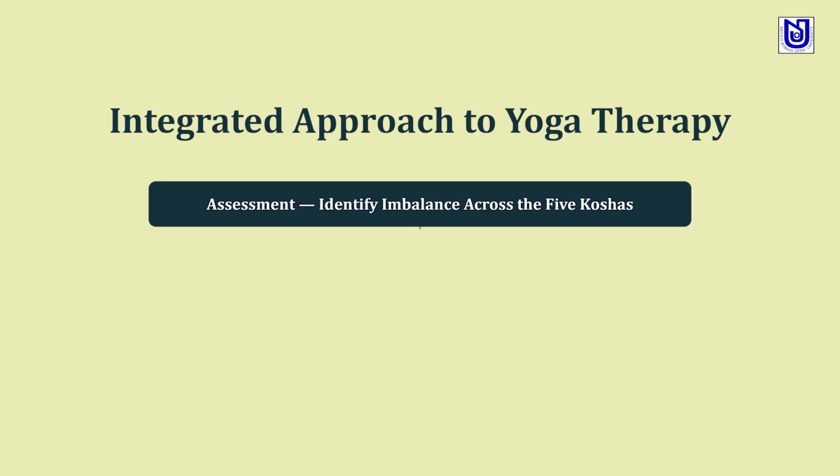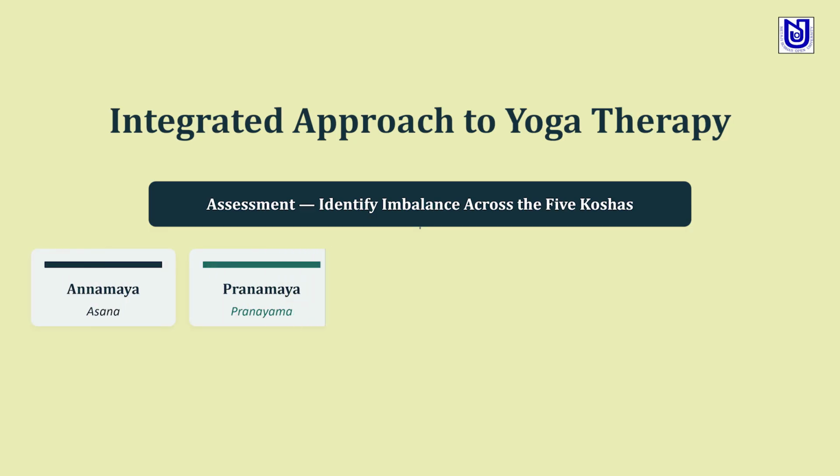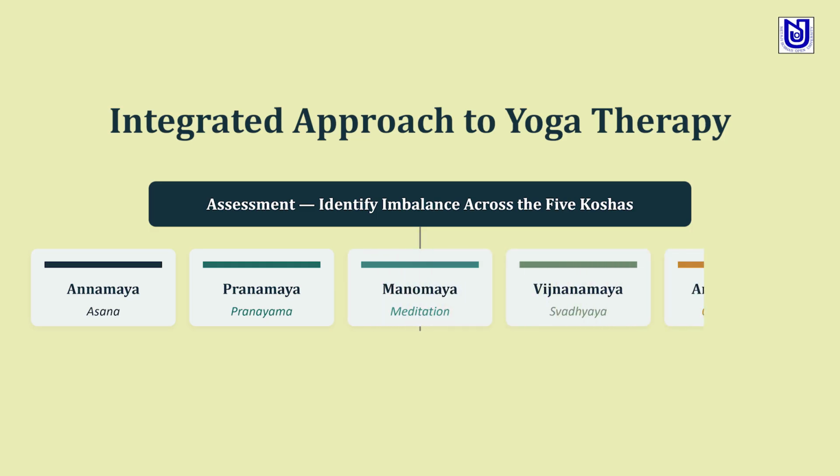Therefore, the assessment is to identify imbalances across the 5 koshas so that we can restore harmony and well-being across our overall being. It includes addressing through asanas for the Annamaya Kosha, pranayama for the Pranamaya Kosha, meditation for the Manomaya Kosha, swadhyaya for the Vijnanamaya Kosha, and contentment or santosha for the Anandamaya Kosha.